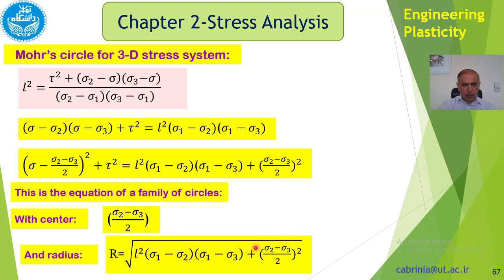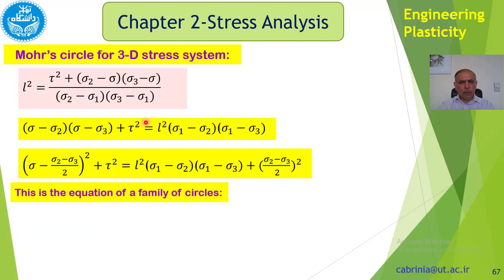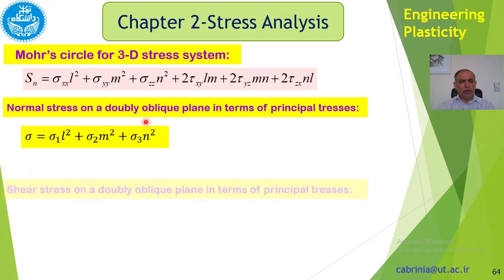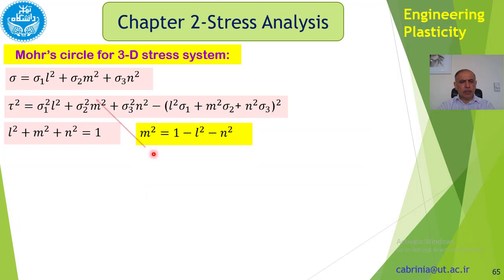Now this radius is not constant because l is changing between 0 and 1. Cos 0 is 1 and cos 90 is 0. Okay, between 1 and 0 it changes. Now since here we solved for this equation, we could similarly solve for the other equations as well.